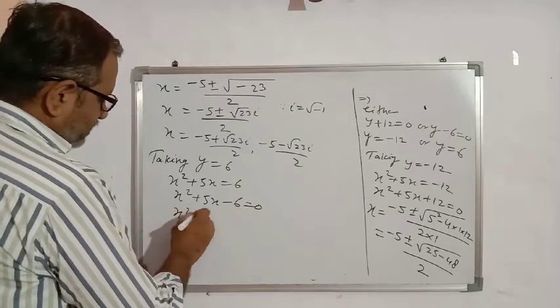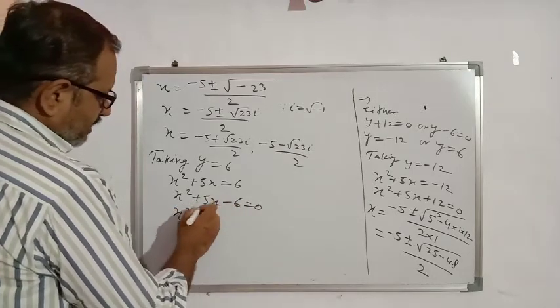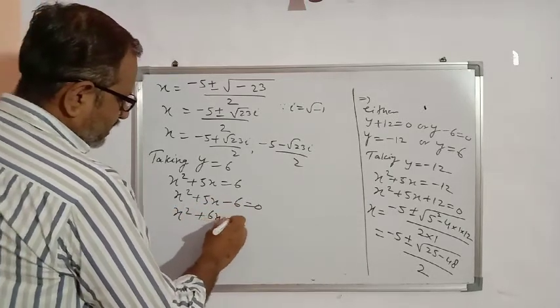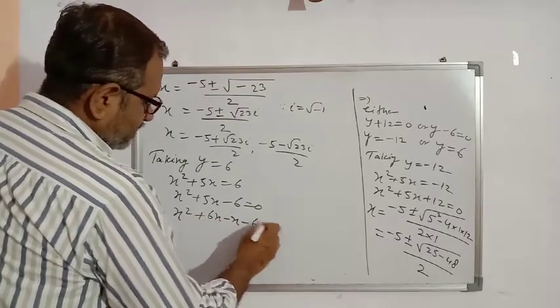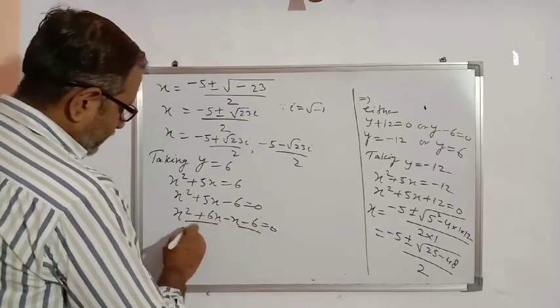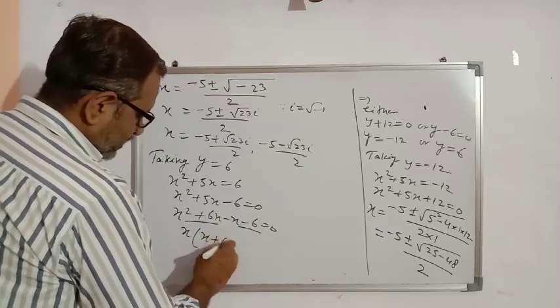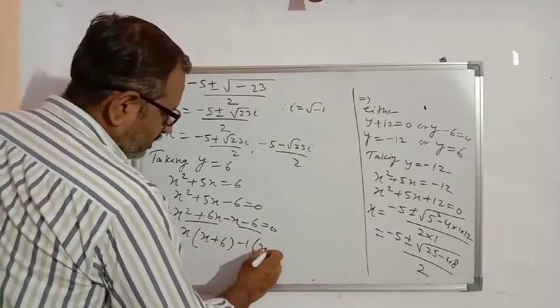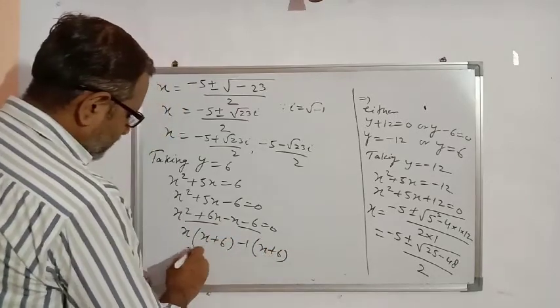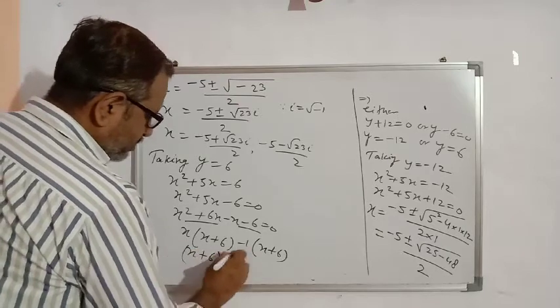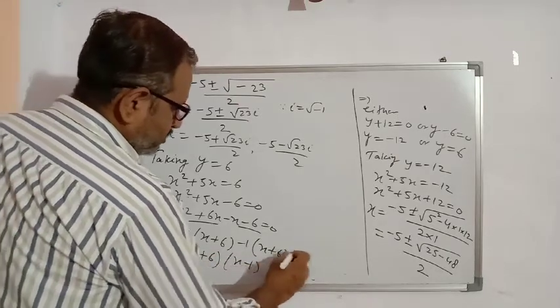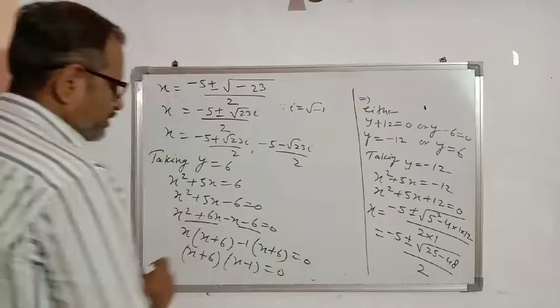Now factorize it. 6 times 1 is 6, 6 minus 1 is 5. So x square plus 6x minus x minus 6 is equal to 0. Make pairs. x common: x plus 6, minus 1 common: x plus 6. x plus 6 is common in both, x minus 1 is equal to 0.